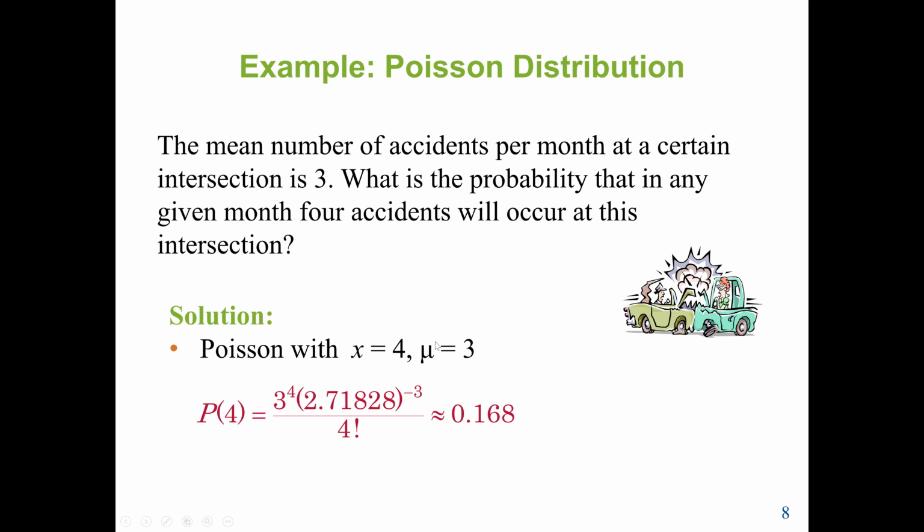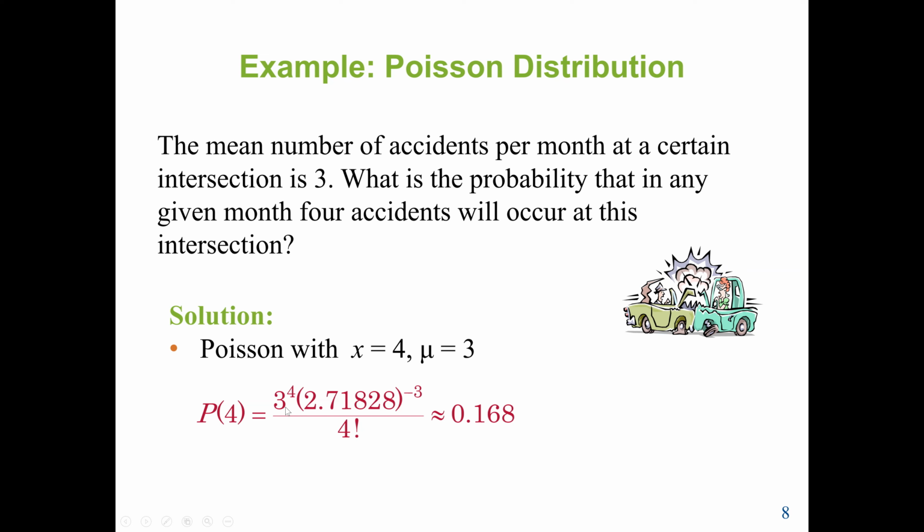So this means we know the value of X, because we said 4 accidents will occur within the interval, which is per month. Now, we know the mean is 3 because the question said the mean number of accidents per month at a certain intersection is 3. I know the X value. So if that's the case, we can find the probability that 4 accidents may occur in a given month.